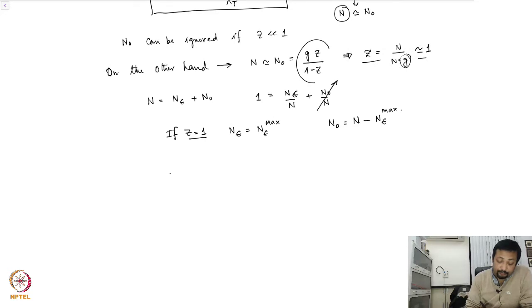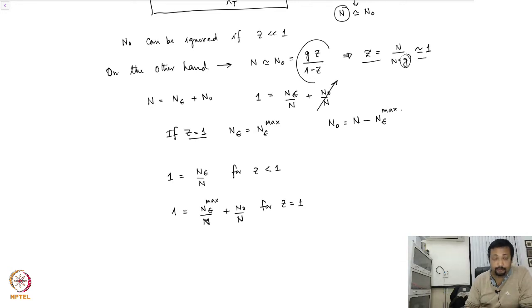So we conclude therefore that N_epsilon over N is equal to 1 for z less than 1, and 1 is equal to N_epsilon over N plus N_0 over N for z equal to 1.